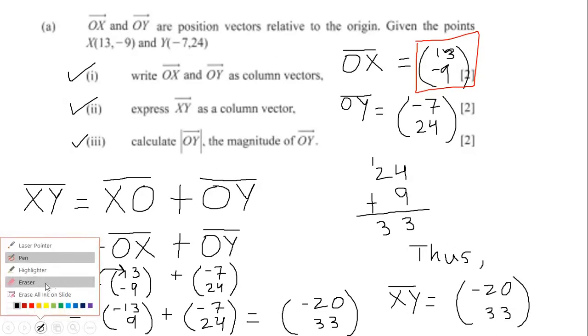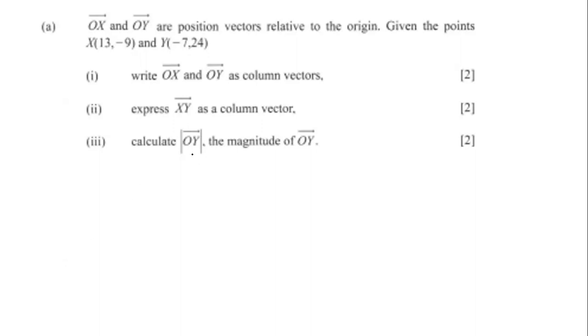So let me erase. So here in AIII, they ask us, they say calculate the magnitude of OY. All right. Now, when they say magnitude, basically that is another word for size.